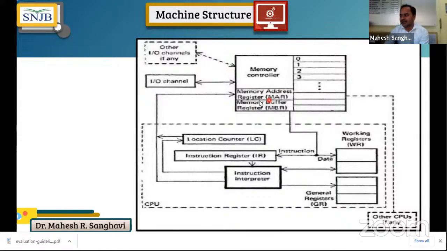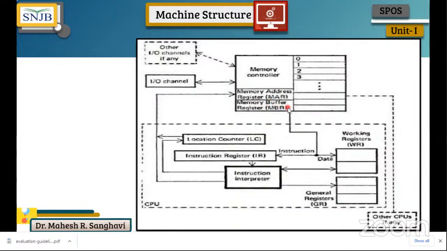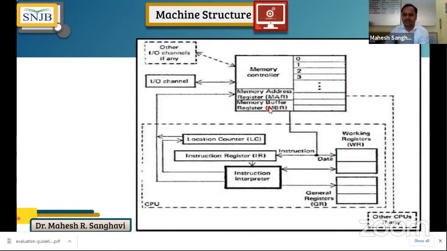So that will be taken care of by that. And finally MBR is the memory buffer register. This memory buffer register tells you that whenever you have to perform any sort of internal operation, buffer space will be allotted to you by using the memory buffer register. We are all aware that there are IO channels. IO stands for input and output.